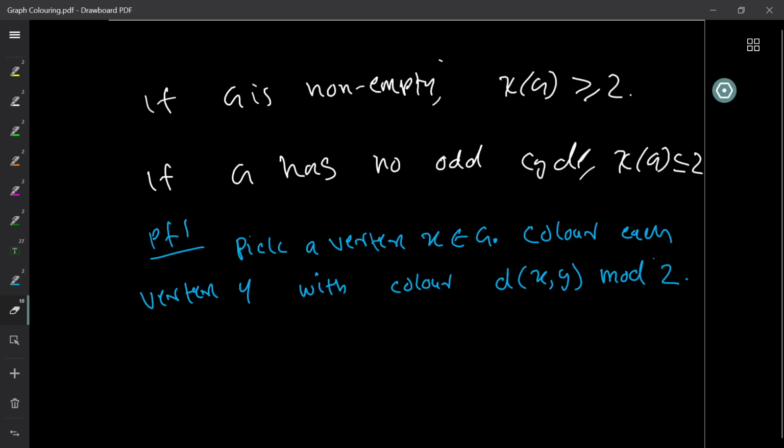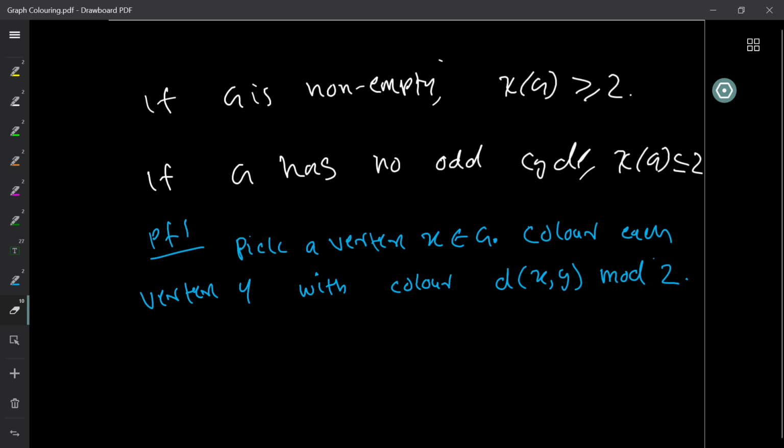Now if the distance is even, then you will give color 0, and if it is odd, then we will give color 1.